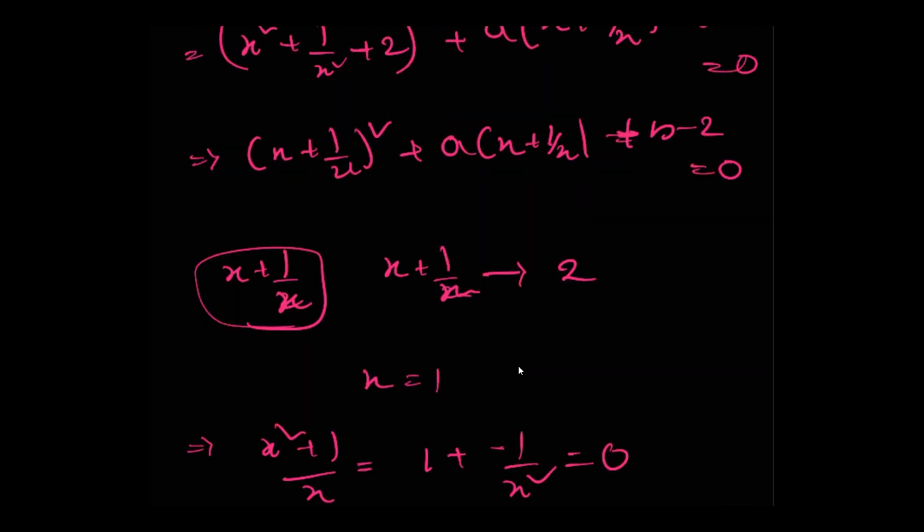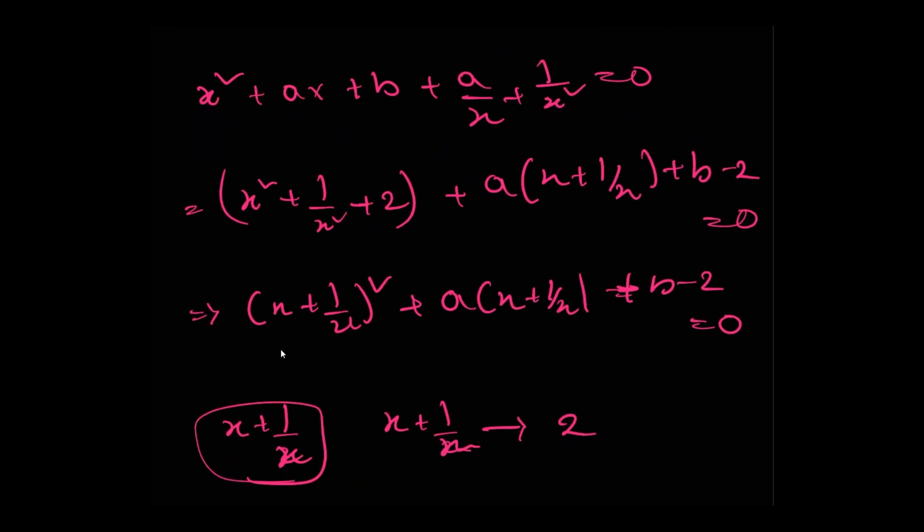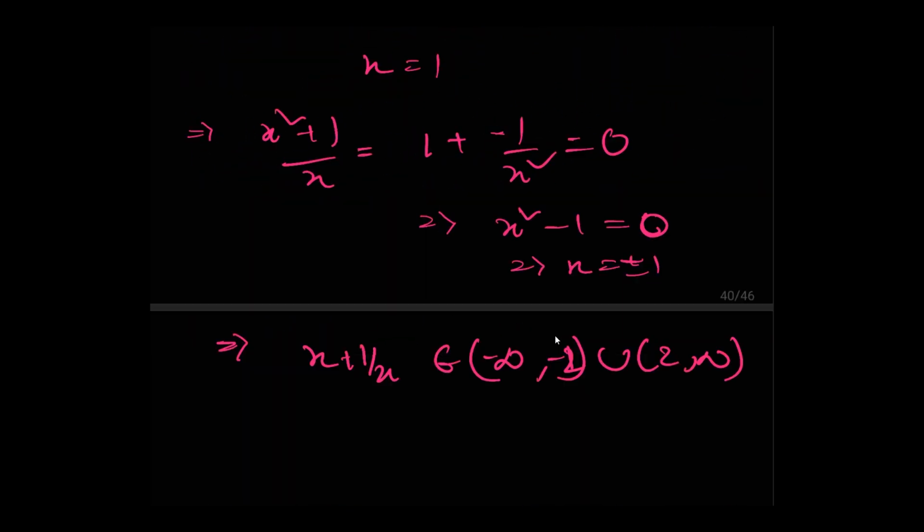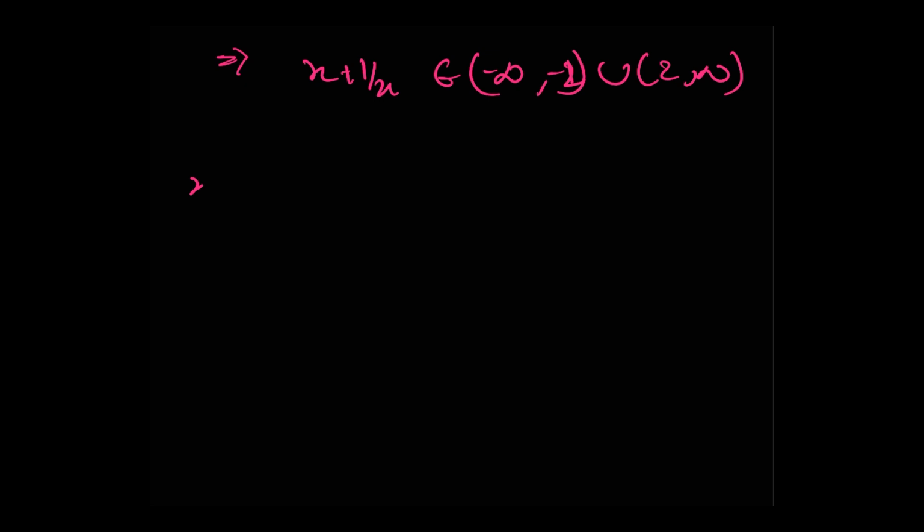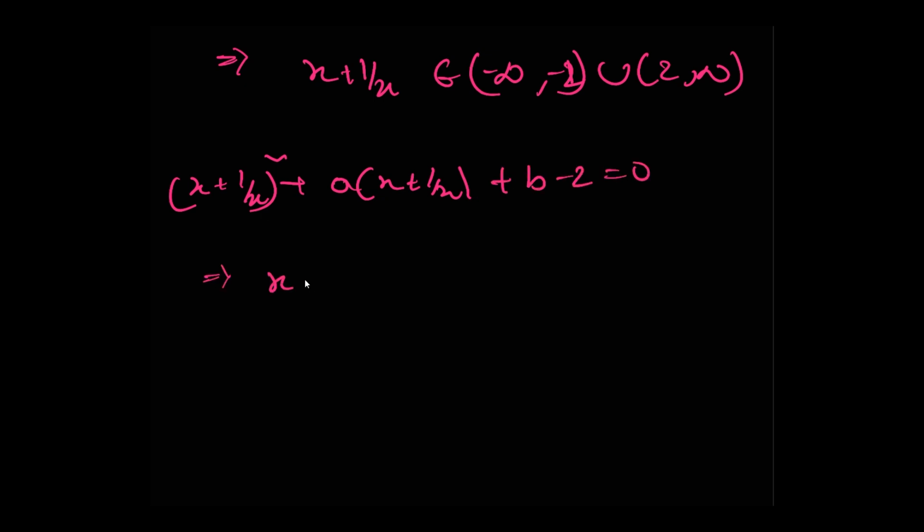Now, let us find the roots of this equation. We have x plus 1 by x whole square plus a times x plus 1 by x plus b minus 2 equals 0. Take x plus 1 by x as k, so k square plus a k plus b minus 2 equals 0.